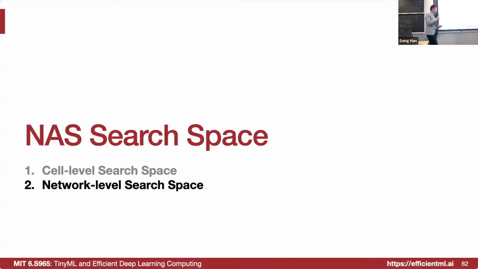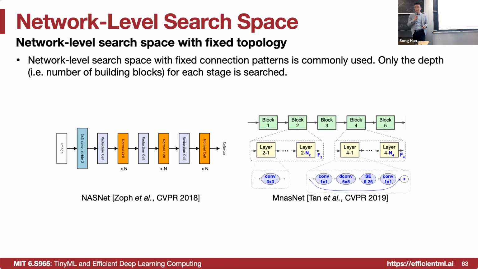All right, let's return and continue our discussion about the NAS. The network level search space. We not only want to decide what is in each cell, but also the number of cells we want to have, whether we have this one building block or two building blocks repeated. This is a very common decision we have to make across many different design choices.